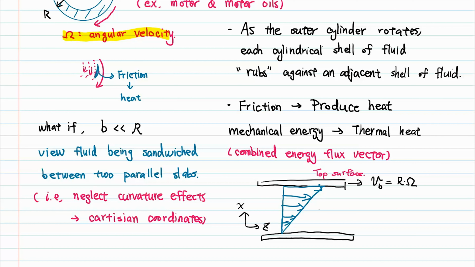We would have a linear velocity profile within that liquid layer, proportional to the upper plate velocity times x over the thickness of the liquid layer. So that gives us our first simplification: we are going from cylindrical coordinates with curvature effects down to a very simple one-dimensional problem using Cartesian coordinates.